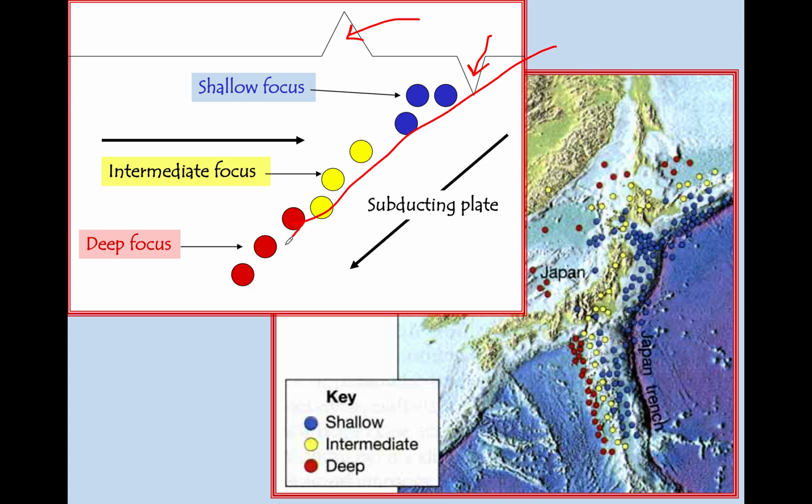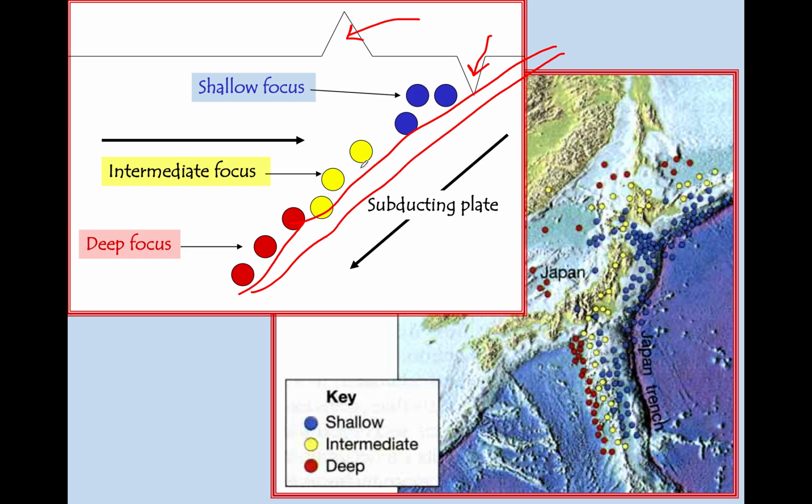Oceanic crust subducting, that's the subducting plate. This thin oceanic crust is subducting under the continental crust over here. If the earthquake occurs here, where the crust is first subducting at this shallow depth, you're going to get a shallow focus. This blue goes with this blue, okay?